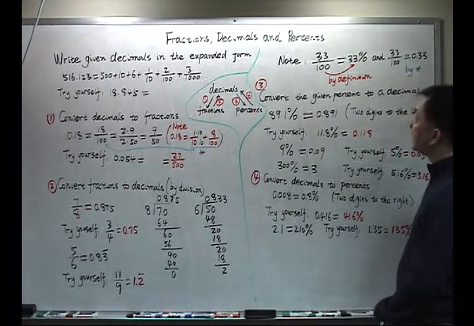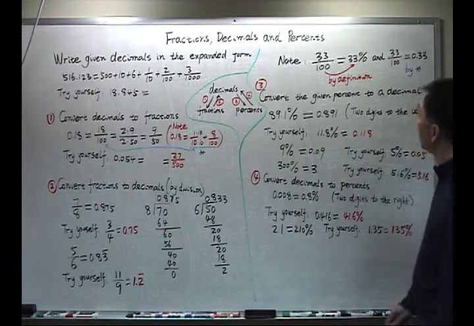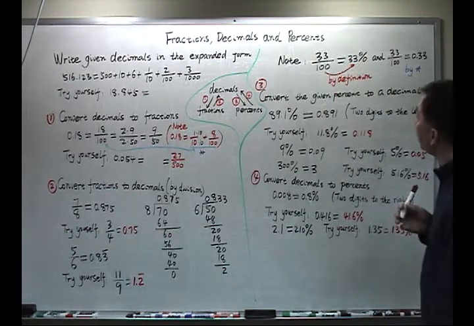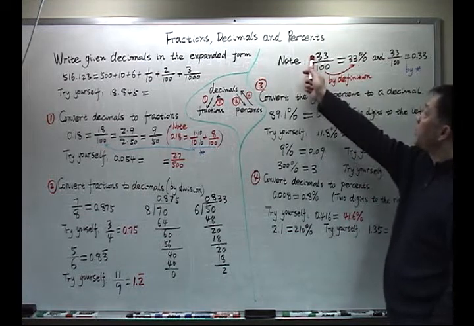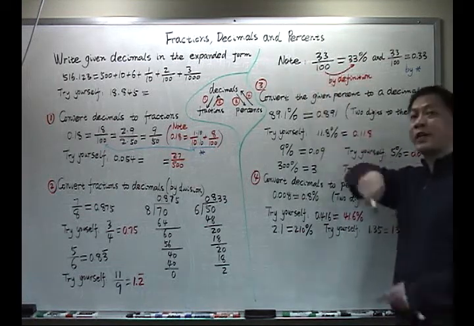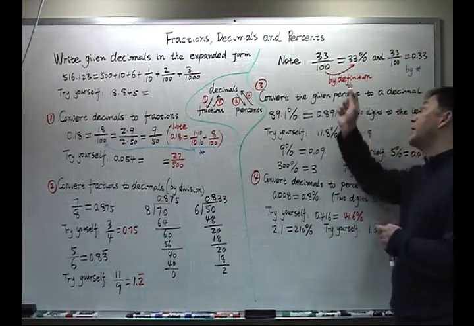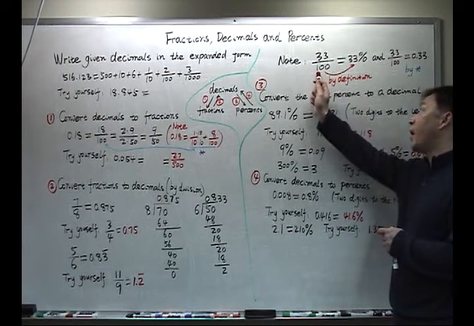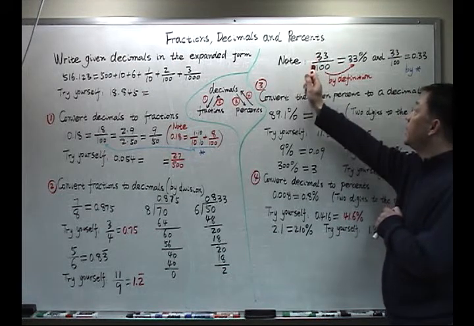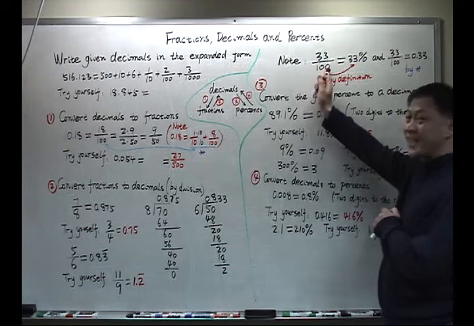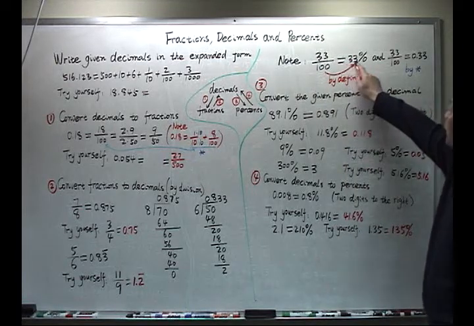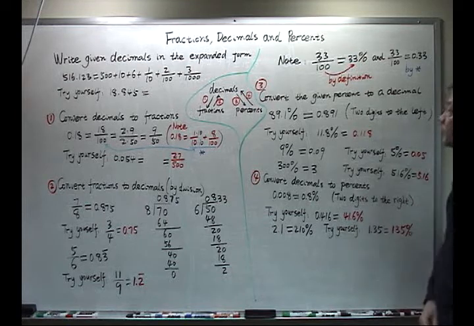Now, let's look at this expression first. You see, 33 over 100, 100 is a special number. If we have a denominator of 100, 33 100ths is defined as 33%.